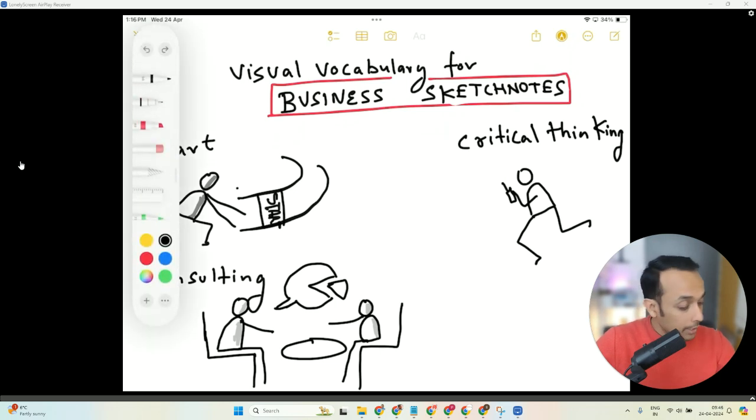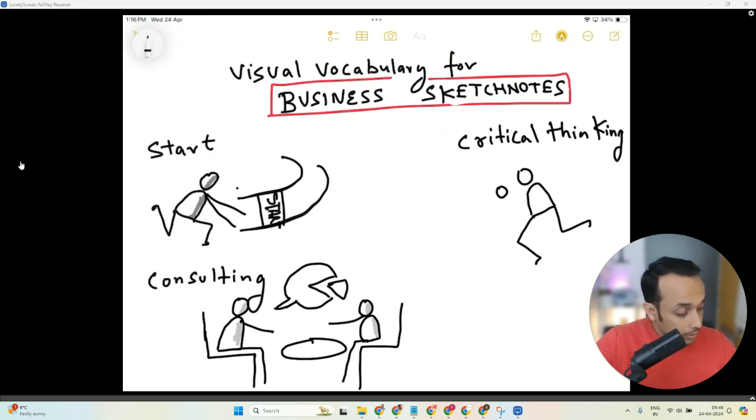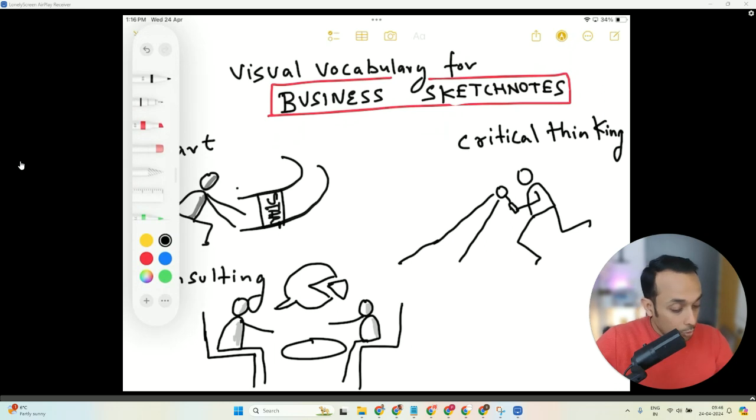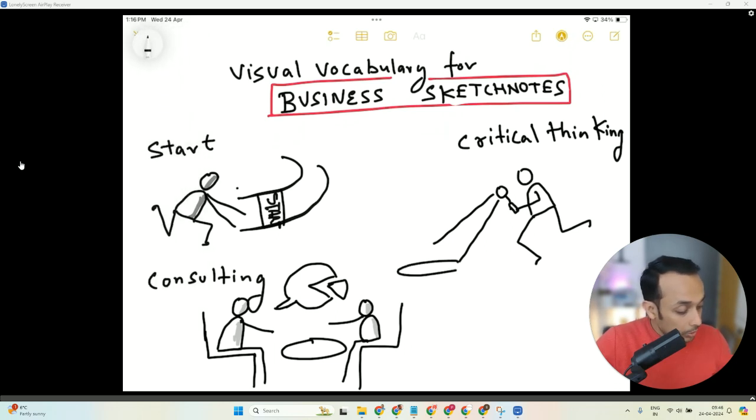I think it should be on the eye level, so I will try to fix the lens first and then give them the handle. And this guy is holding, and because he is holding, here is the view, I mean here is the focus on the ground, right? And the other hand is coming from here, and this is critical thinking.